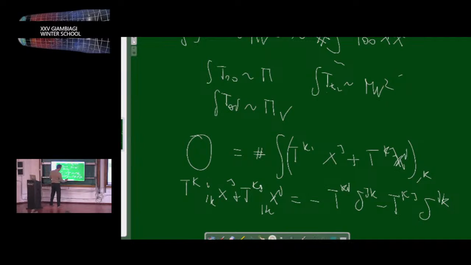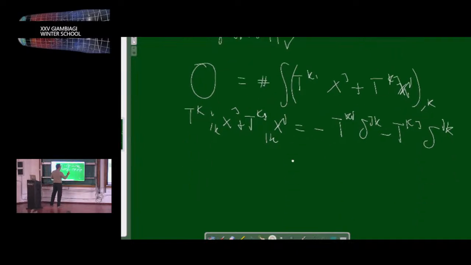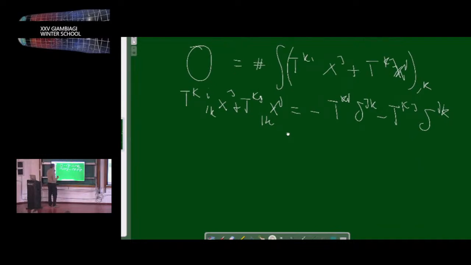So let's go on. I use first the divergence theorem, and then the second ingredient I have to use is conservation of the energy momentum tensor.